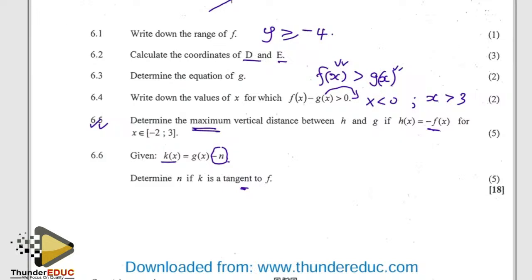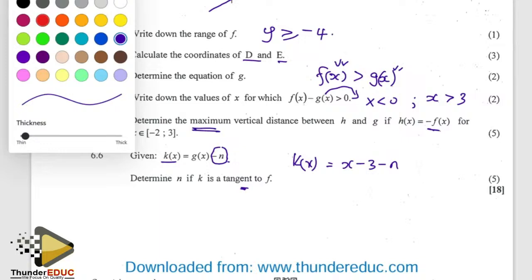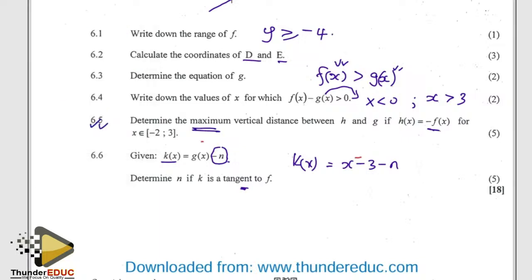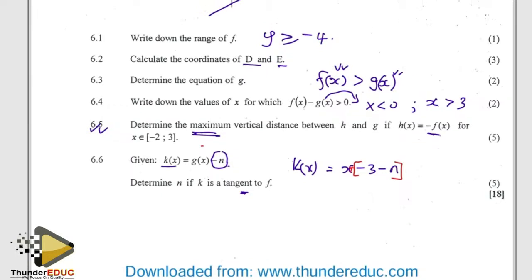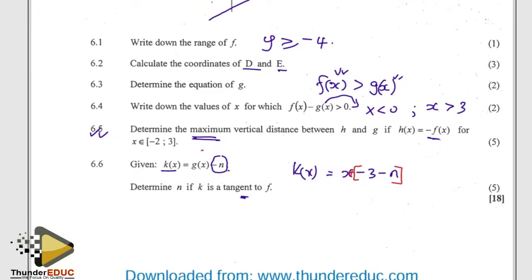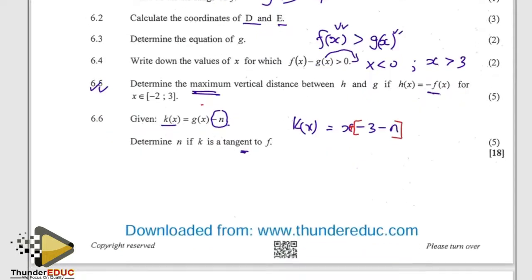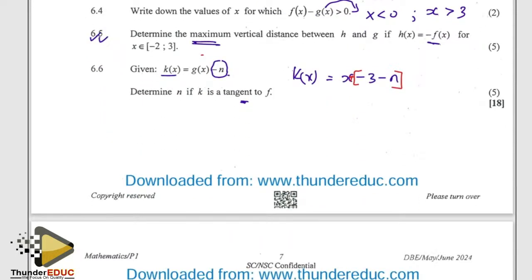Okay, so my thought, by looking at this, was to replace g of x with what we have. We said x minus 3, now minus n. The whole of this is going to represent my intercept, to represent the shift, the change, and all of that.